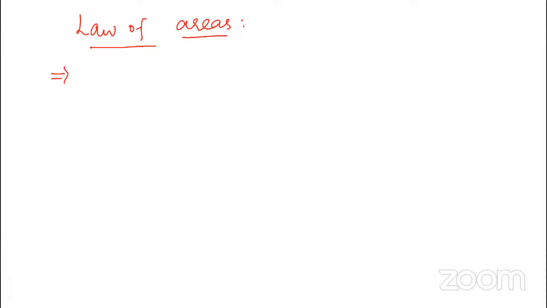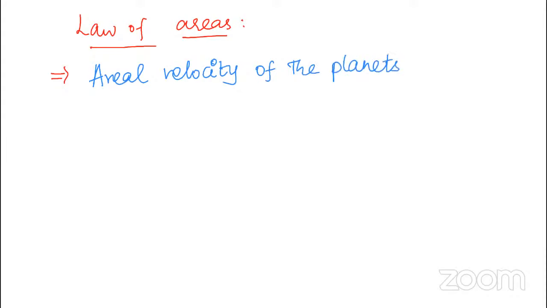Aerial velocity of the planets around the sun is constant. Constant.